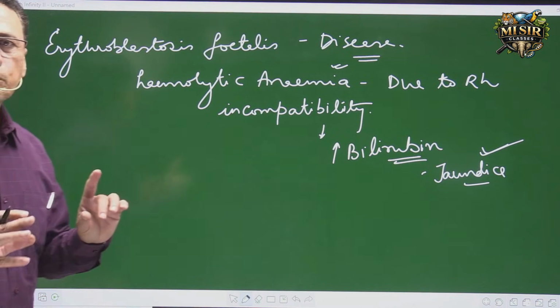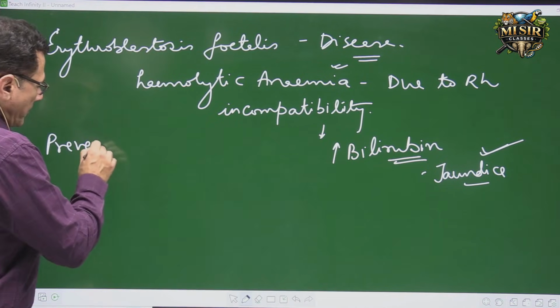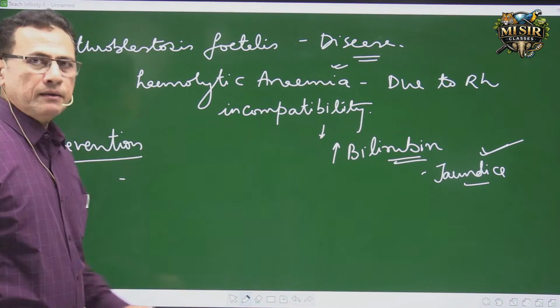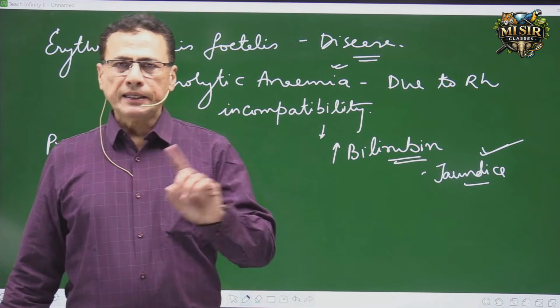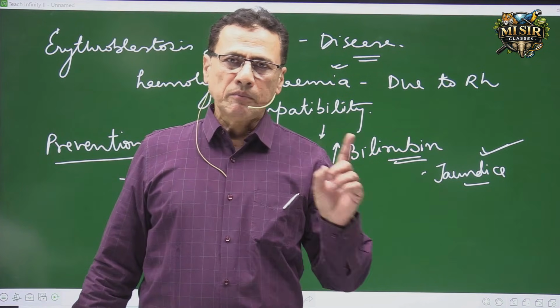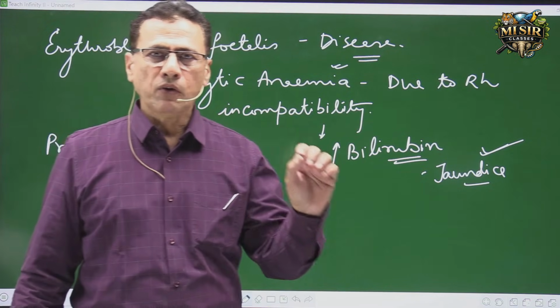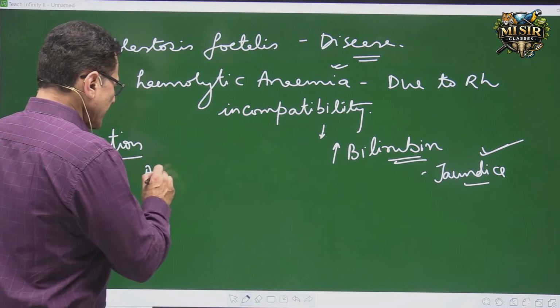Now, how to prevent it? Prevention. Prevention can be done by administering anti-Rh antibodies to the mother just after delivery of the first child.